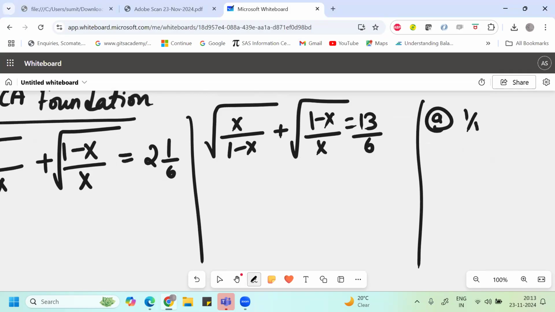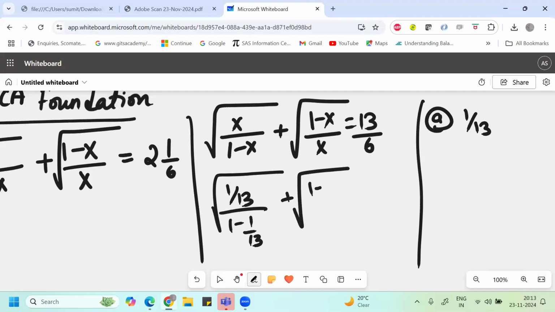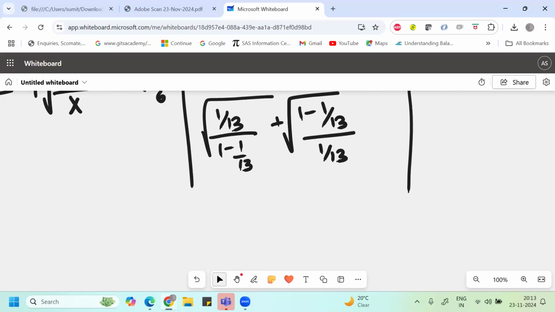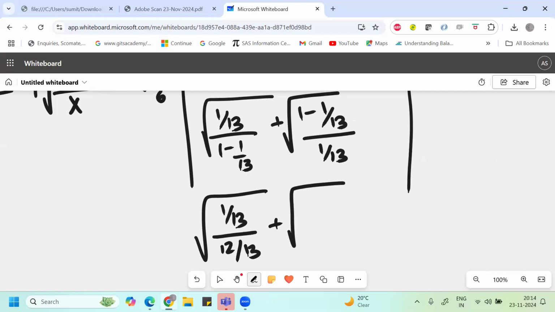If I use 1 by 13 and solve by option, this would be 1 by 13, then 1 minus 1 by 13, and then 1 by 13. 1 minus 1 by 13 would be 12 by 13. Then this would be 12 by 13, then 1 by 13.